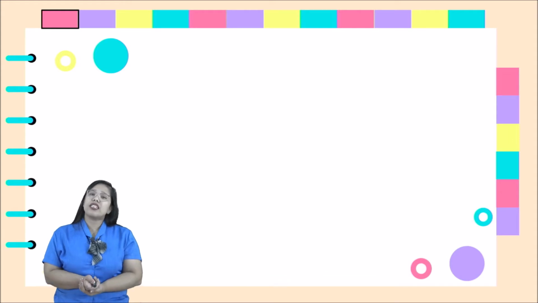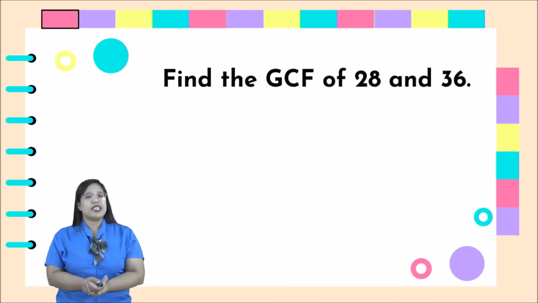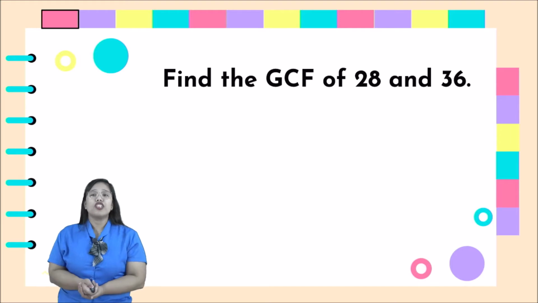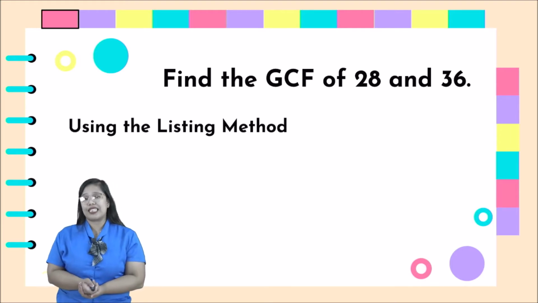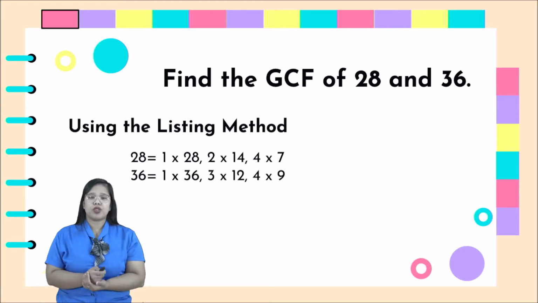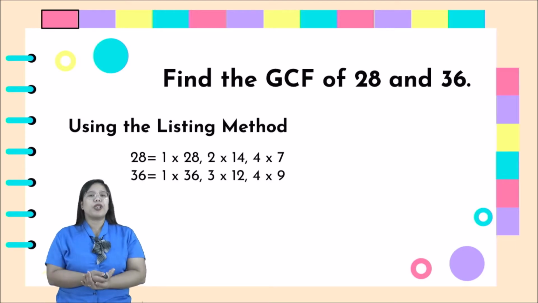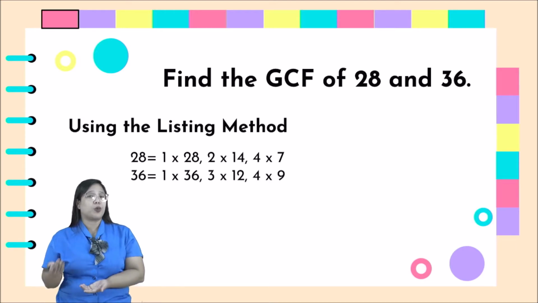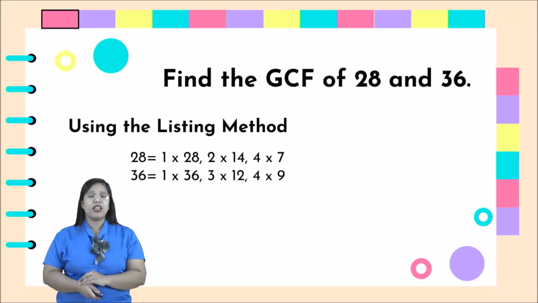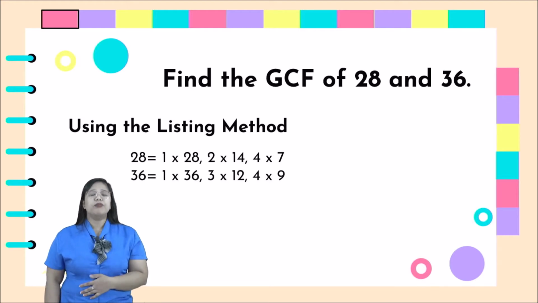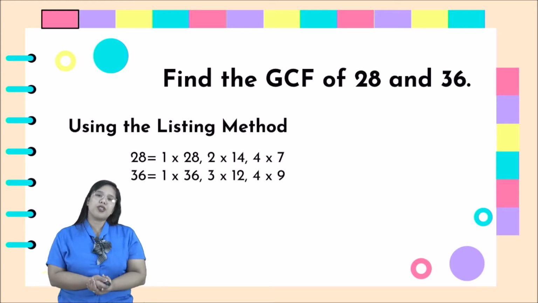Now, let's find out the GCF of 28 and 36 by using the listing method. We list down all their factors. For 28, we have 1 times 28, 2 times 14, 4 times 7. Let's proceed with 36.